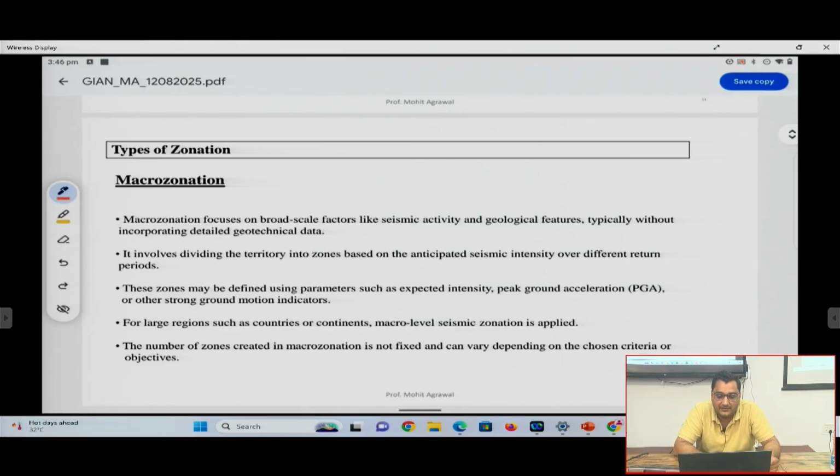So for that purpose, macro level seismic zonation is preferred. The number of zones created in macro zonation is not fixed and can vary depending on the chosen criteria or the objectives.